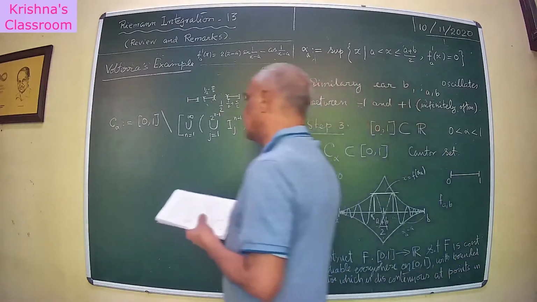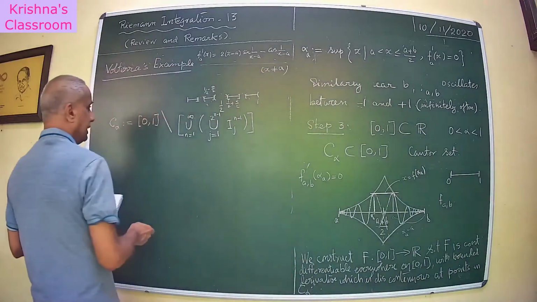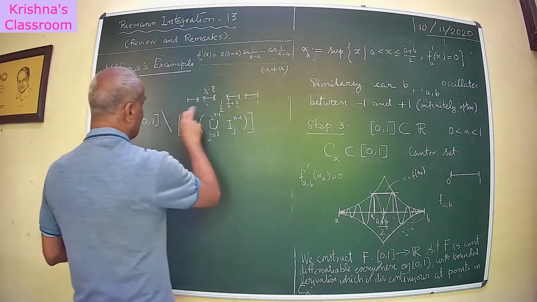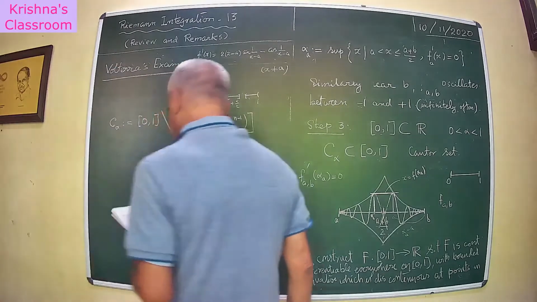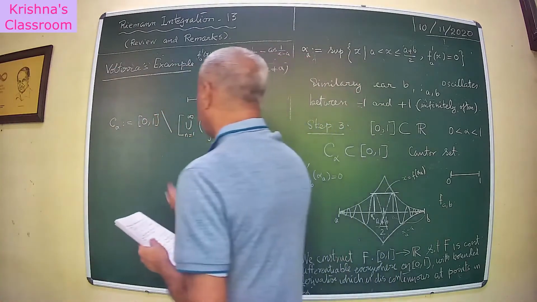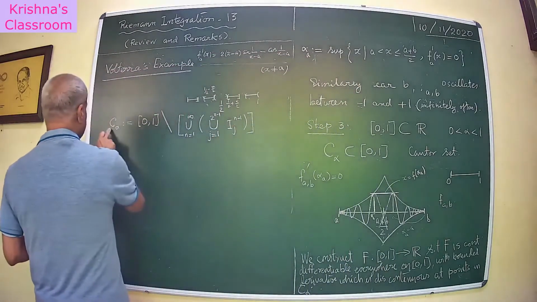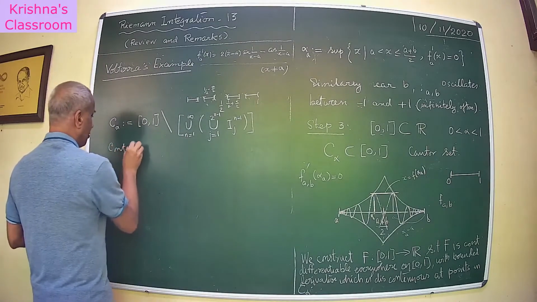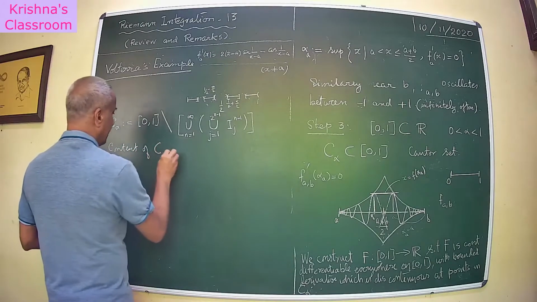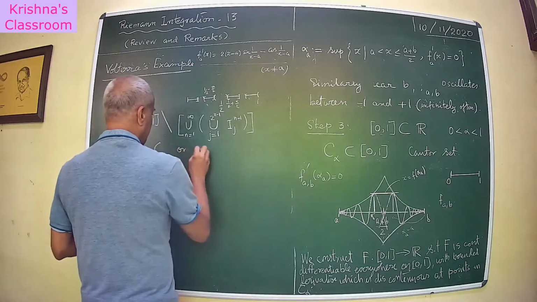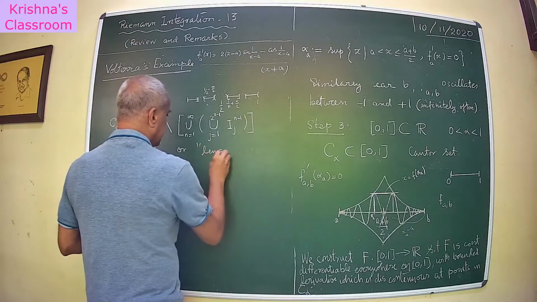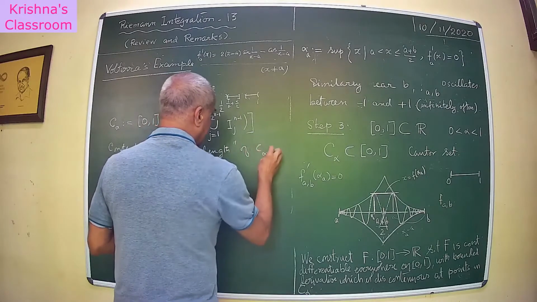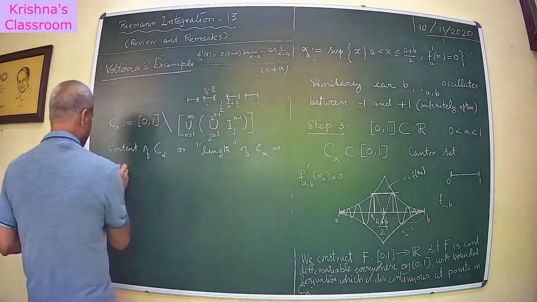Then you also see that the total length of the intervals that you have removed is alpha. Therefore, what is left over is this. So the measure, or content, or length of C alpha is 1 minus alpha.